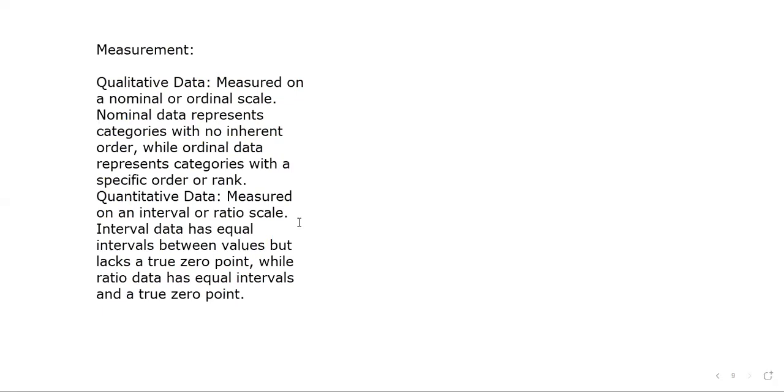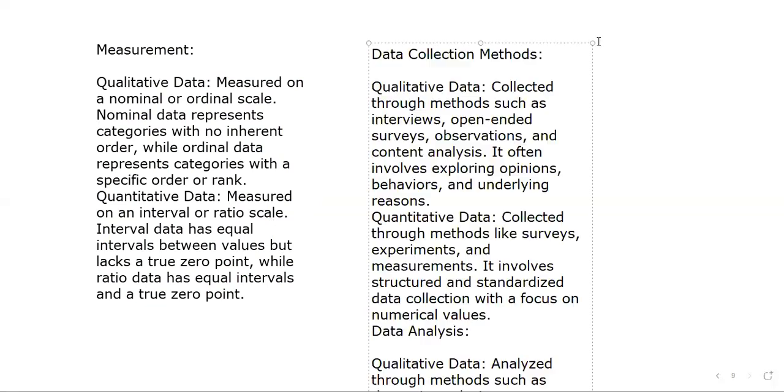Ordinal represents categories with a specific order or rank, for instance satisfaction: to what extent are you satisfied, very satisfied, a little satisfied. Quantitative data can be measured on an interval or ratio scale. We could also have what we call discrete and continuous data. So that is how we can define quantitative and qualitative data in terms of measurement.